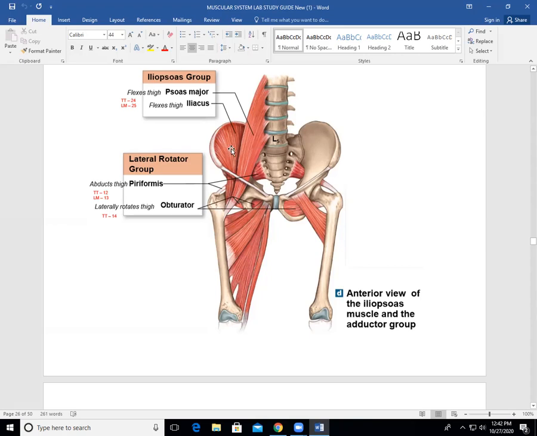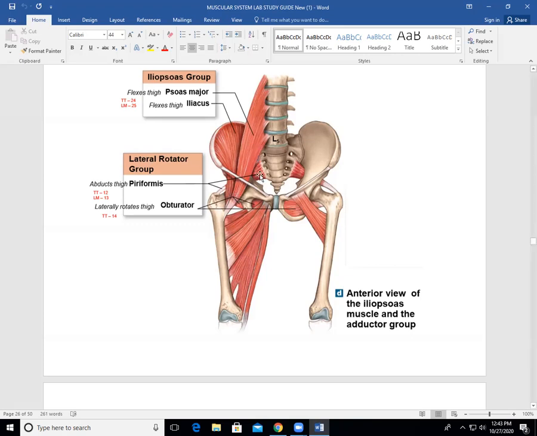Both of these muscles, if they contract, help you flex your thigh. Your spinal cord and hip are more of your origins, and connections on the femur will be more of the insertion. So the femur is what's going to move. Collectively, we call this the iliopsoas group.